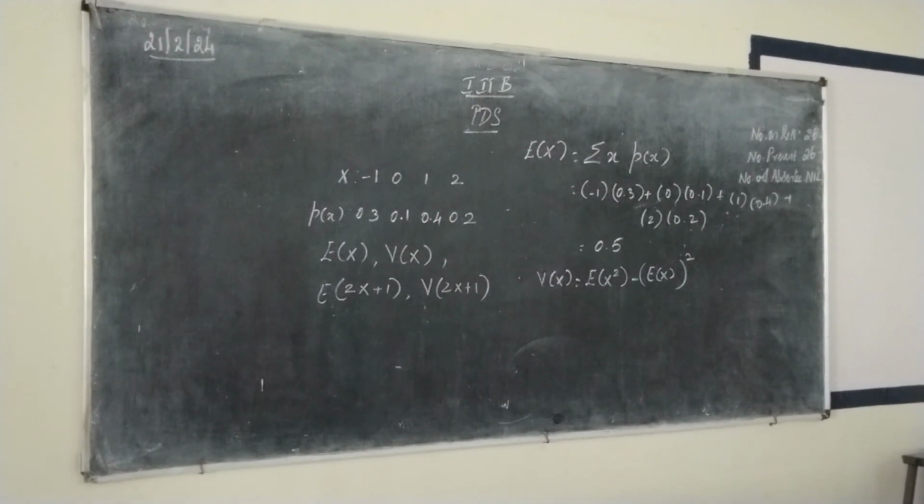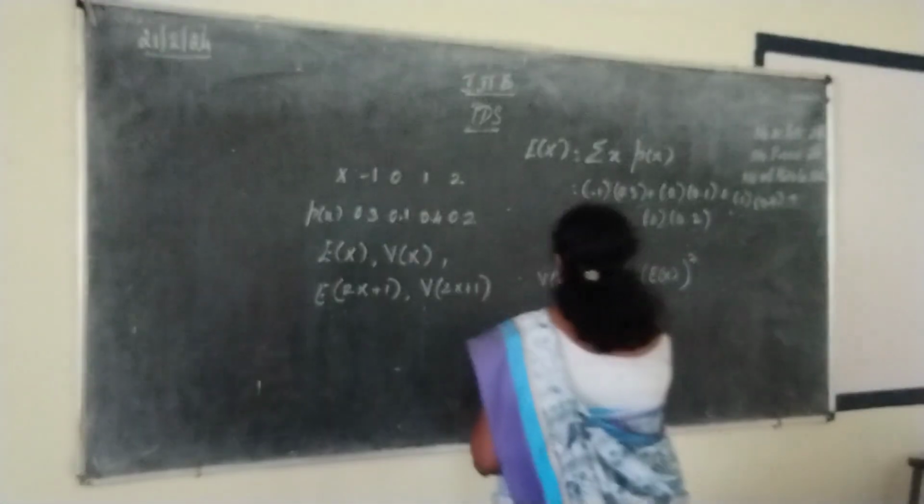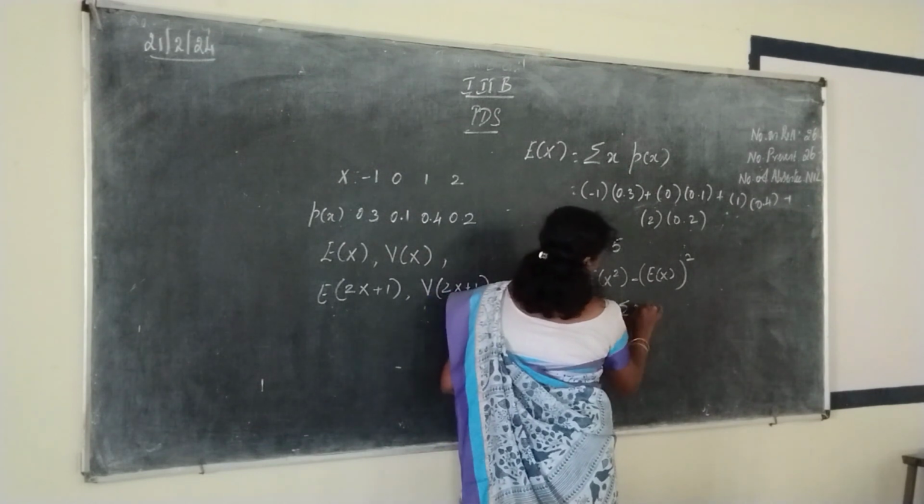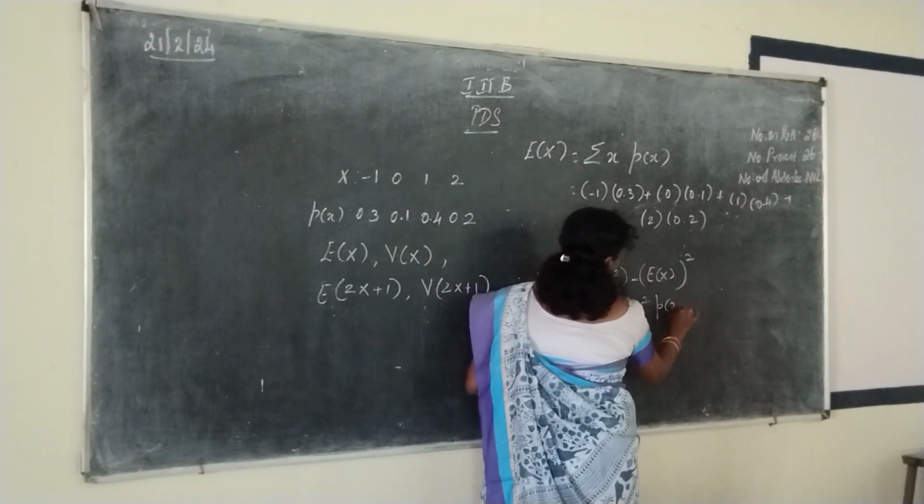Already we got what is E of x. Now we have to find what is E of x square. What is the formula for E of x square? Summation of x square into p of x.